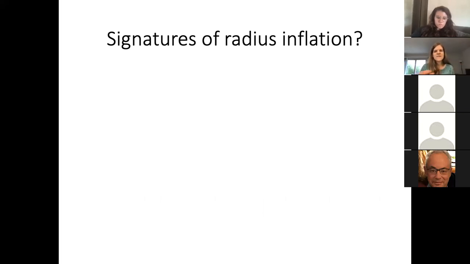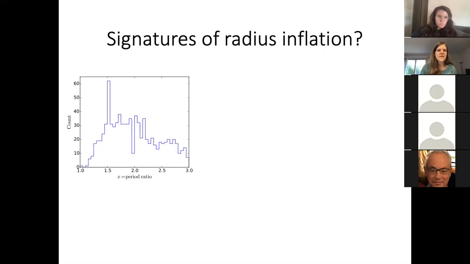And so to do this, I'm going to look at how the planet radii compare across the entire period ratio distribution. So here's a coarsely binned depiction of the period ratio distribution, where I'm plotting it with bins of width 0.05. And I'm going to look at just adjacent bins in this distribution. So here are two randomly selected adjacent bins.